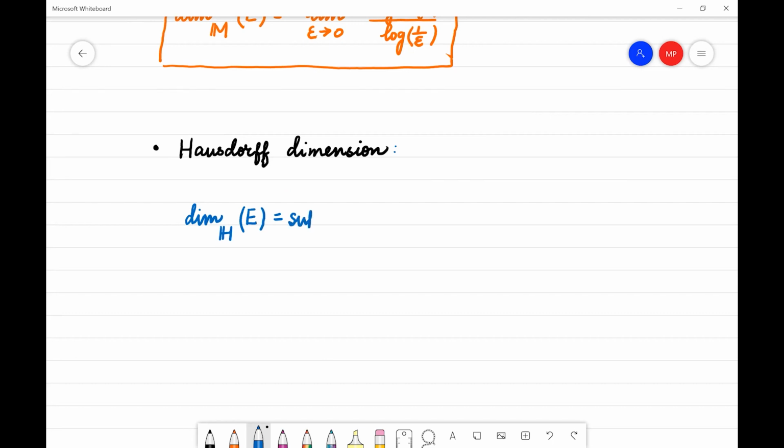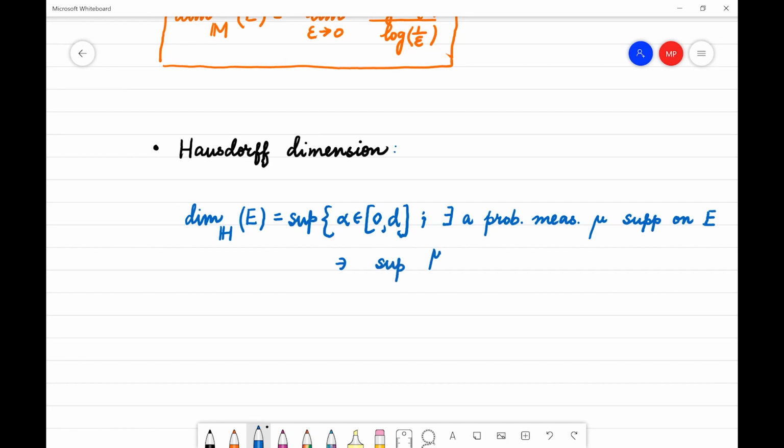is the supremum over all exponents alpha between 0 and d, such that there exists a probability measure mu supported on E with the following property, that this mu obeys a ball condition, namely that the mass that mu allocates to a ball of radius r is always bounded above by a constant multiple of r to the alpha, no matter where you pick the ball.